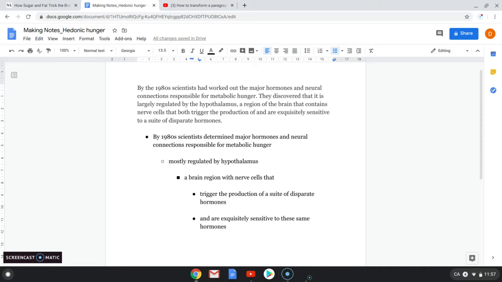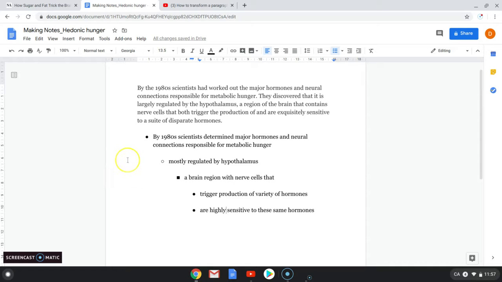In that case, don't make changes here. But if I was doing this for myself, I might put in some simpler vocabulary. So instead of a suite of disparate hormones, I would just say production of variety of hormones. Don't need the word the. Trigger production of variety of hormones. And then I would say are exquisitely sensitive to these same hormones. I probably would take out the word exquisitely and put very or highly sensitive to these same hormones.